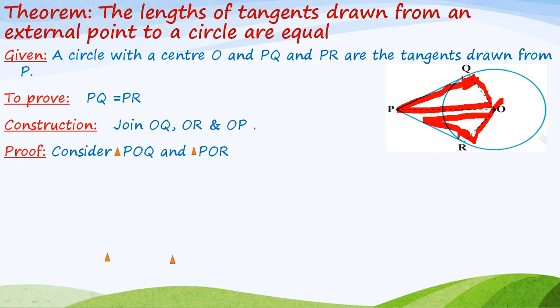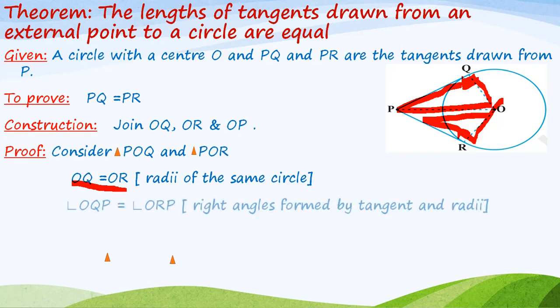OQ is equal to OR because they are radii of the same circle. Already we proved this in the first theorem.